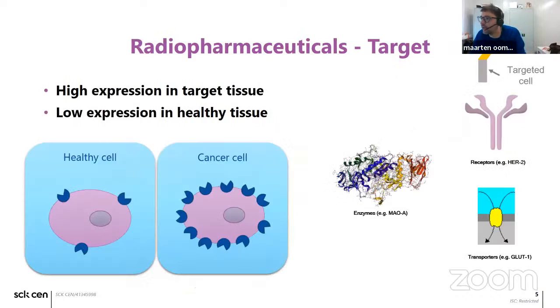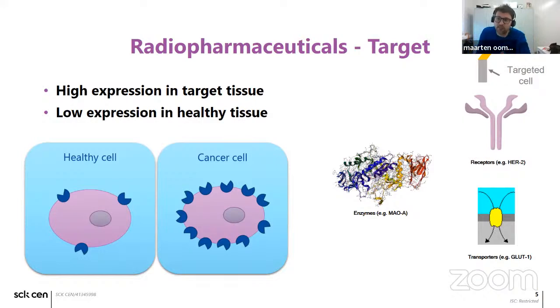Now, if we look at it, there are a few prerequisites or important things to know. First of all, the target itself: you want your target to be expressed very highly in the target tissue and very low in healthy tissue.